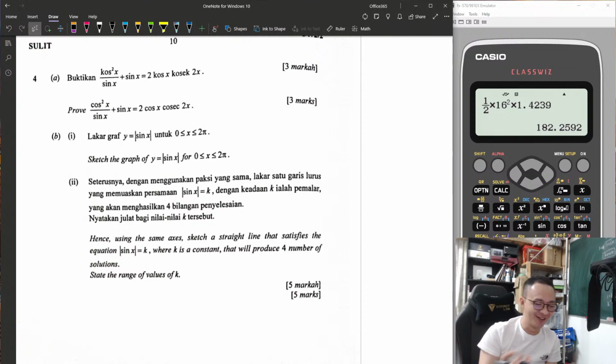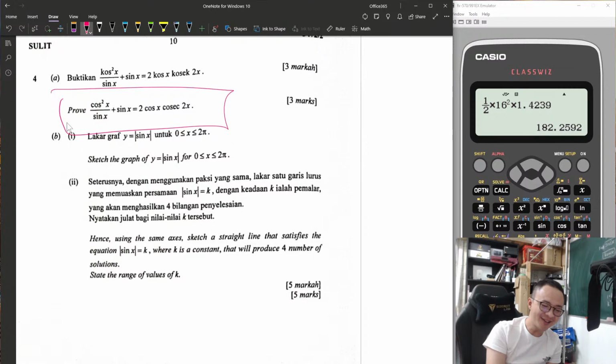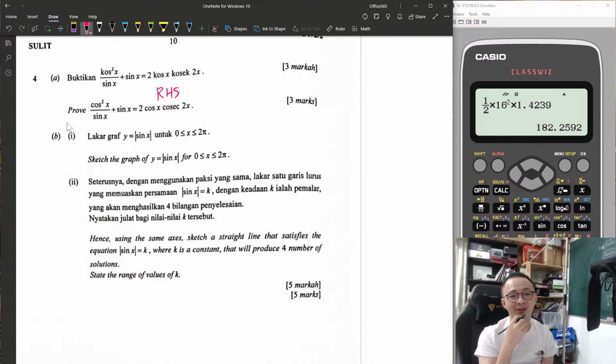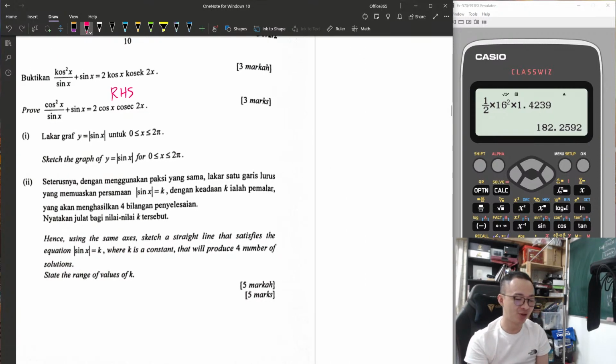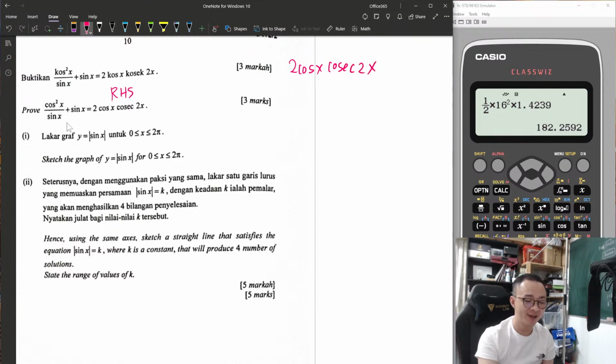You got it wrong. Alright, so we want to prove this thing. I think choosing the right hand side will be smarter. Left hand side is quite hard to prove. So we choose the right hand side in this case, 2 cos x cosecant 2x. I will start from the right hand side.